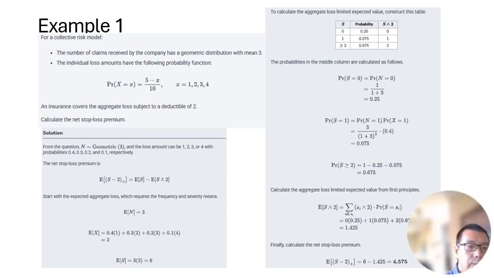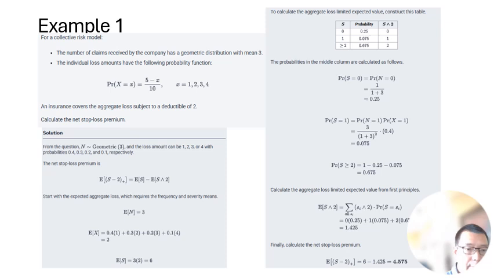So start with the expected aggregate loss, which requires the frequency and severity means. You need both expected values for frequency and severity to calculate the expected aggregate loss. So we first calculate the expected frequency E[M], which equals 3. This is based on the geometric distribution.